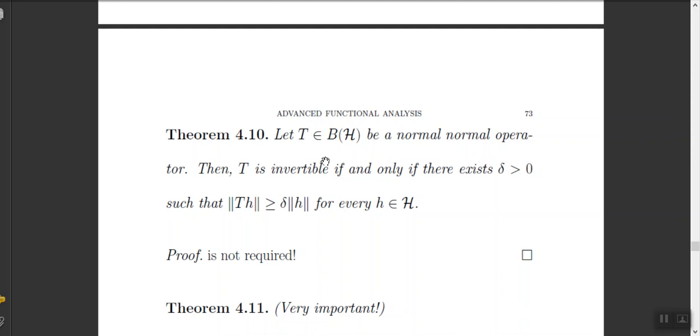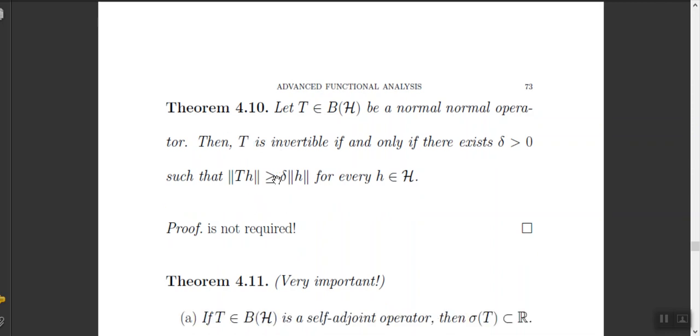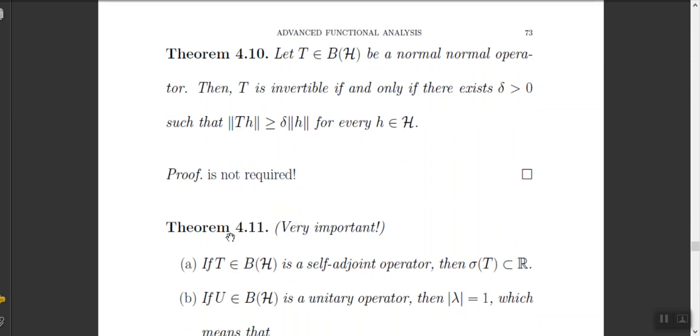Then T is invertible if and only if there exists a positive number delta such that the norm of Th is greater than or equal to delta times the norm of h for every h in H. So bear in mind, this is true if T is normal. The proof is not required, but we mention this theorem without proof because we need to apply it for the next theorem. So bear in mind.